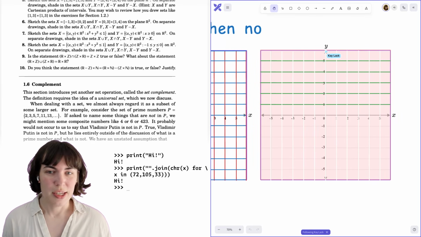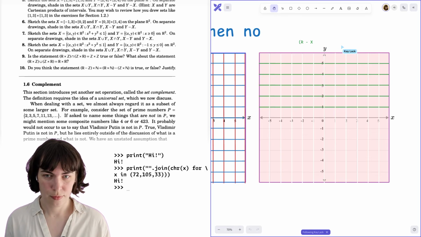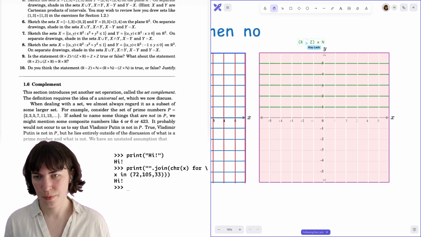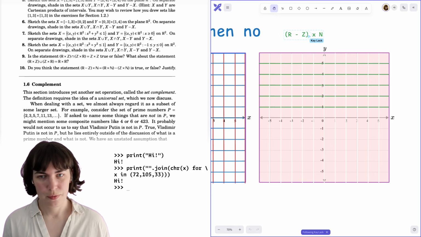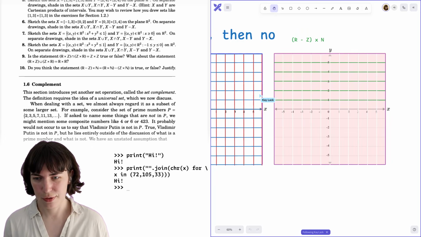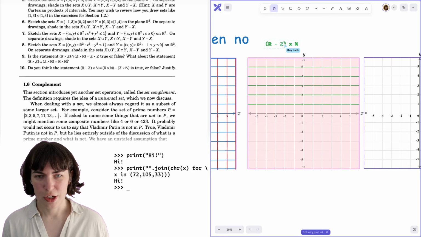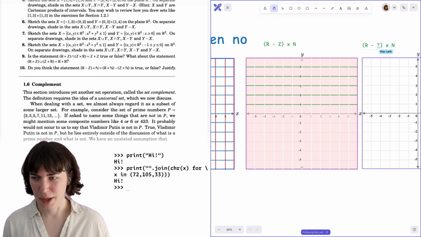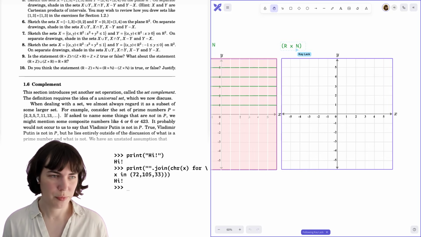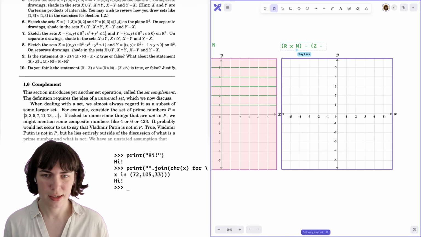Okay, so the question is then, if this is that, then is this the same as another version of this graph, which is described by R×N, the difference between that and Z×N.